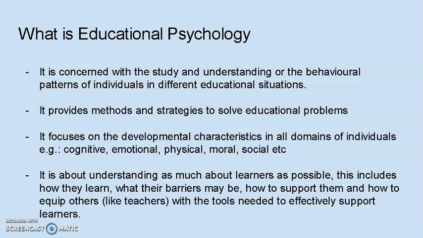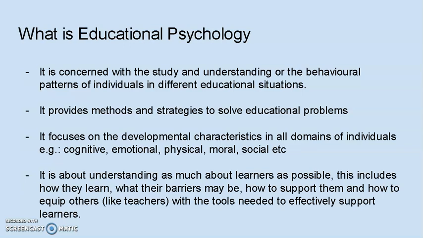So educational psychology, as we find it today, has gone through many evolutions, and various iterations of educational psychology exist. What we find today is what has progressed over the years in terms of how it fits into society and what we need within the educational sphere. So educational psychology is really looking at understanding the behavior patterns of individuals in different educational settings within the learning domain.